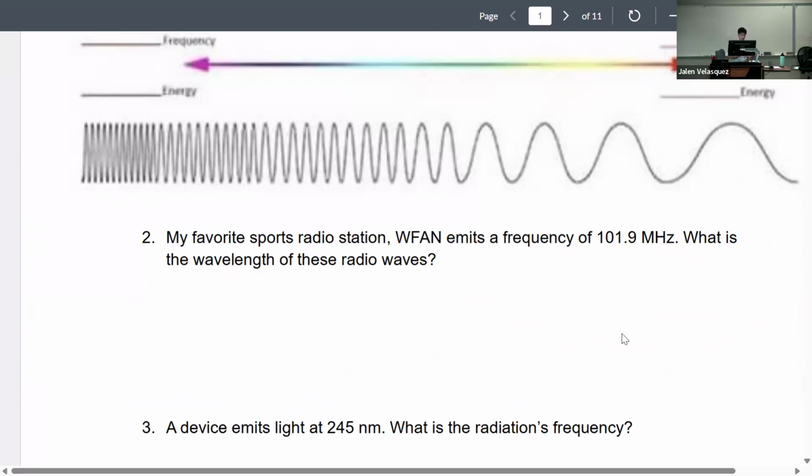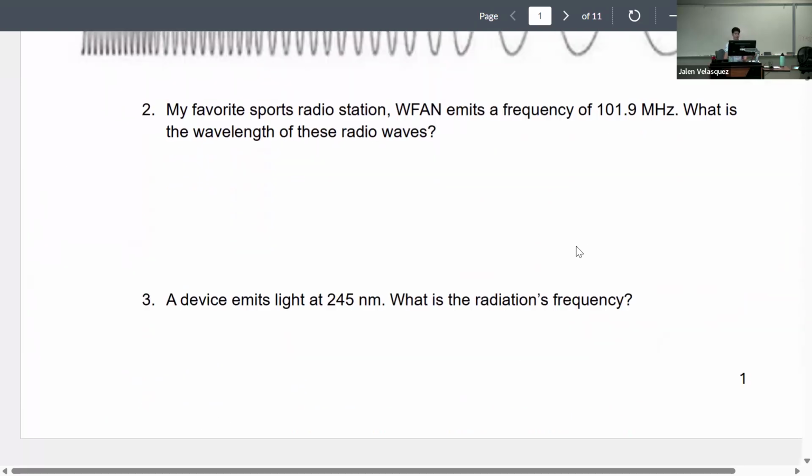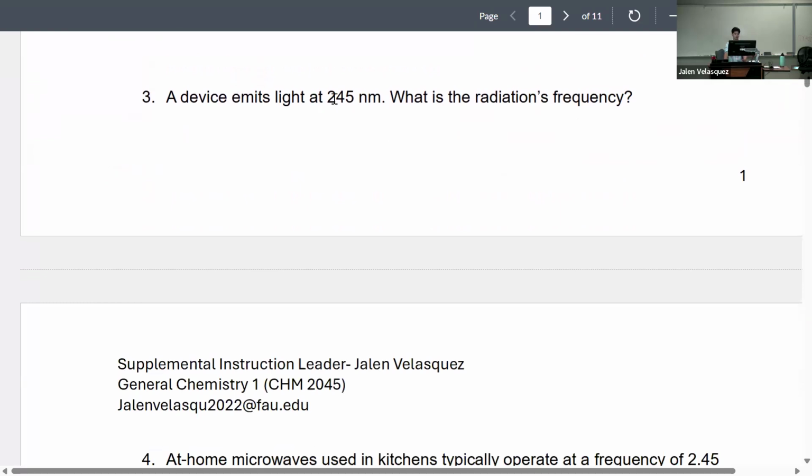All right, so number 3 now says that a device emits light at 245 nanometers. What is the radiation's frequency? So same equation, right? But instead of solving for wavelength, now we're solving for the frequency. First things first, you have to convert nanometers into meters. When you do that, you multiply by 10 to the negative 9.